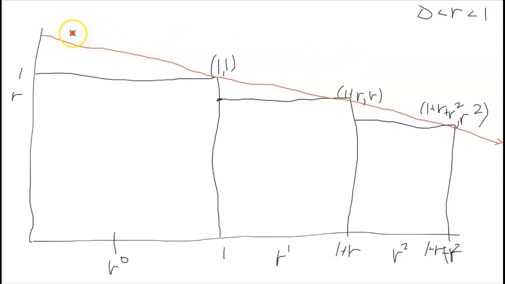What's the slope here? Over what and down what? Let's take this first chunk, right? Sorry, let's take the second chunk because we can do this. We go over r and we go down 1 minus r. So our rise, we went down from 1, we went down to r. So our rise is negative 1 minus r. And our run is just r.